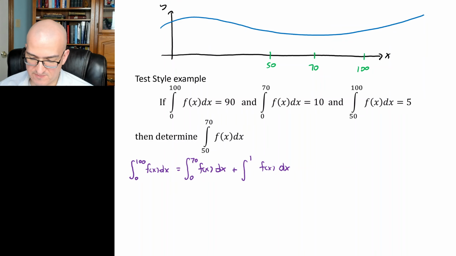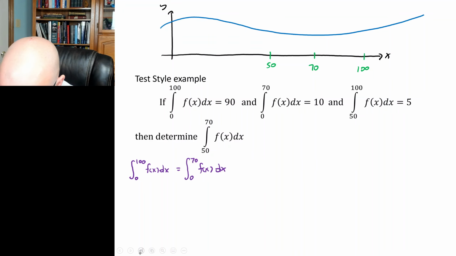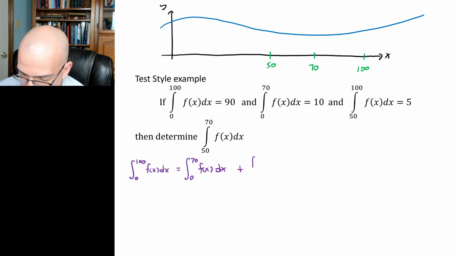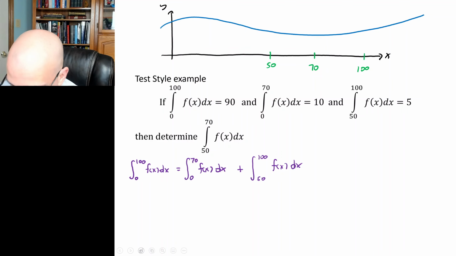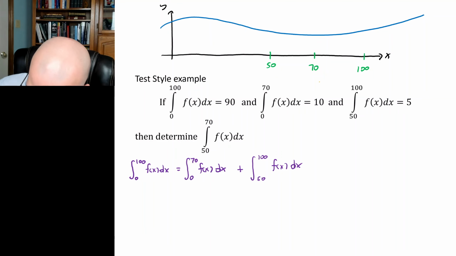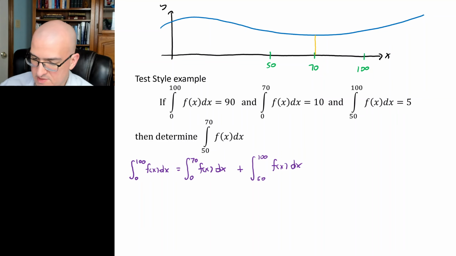So I'm going to split it into the integral from 0 to 70 plus, well, what do I have? I have the integral from 50 to 100 of f of x dx. What's that going to do? So let's sketch both of those. The integral from 0 to 70 is this area here.